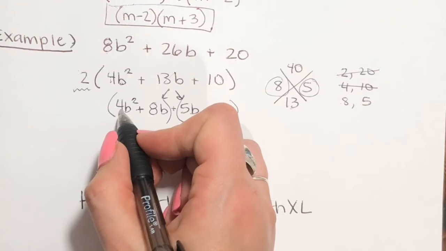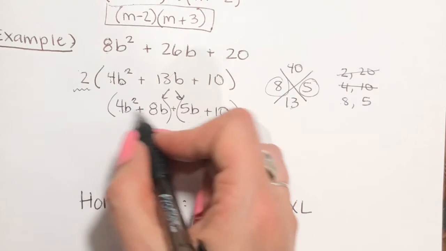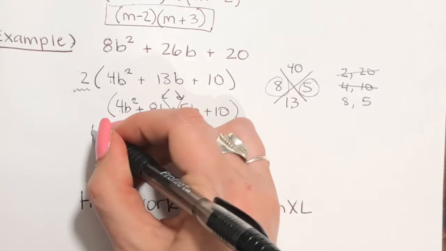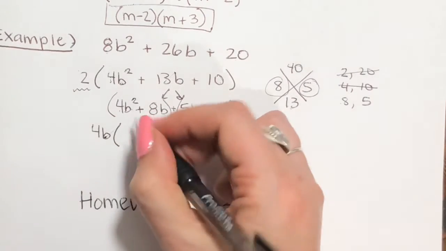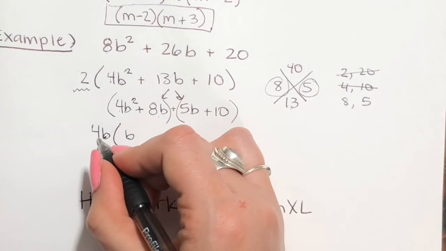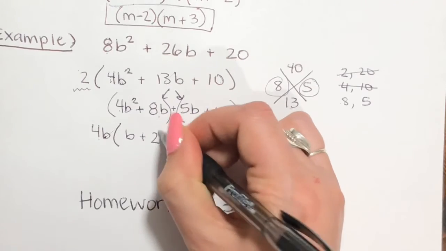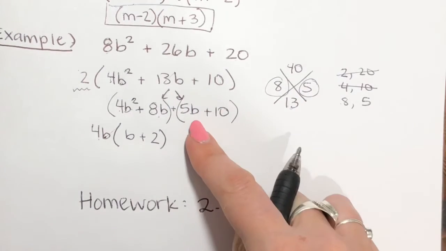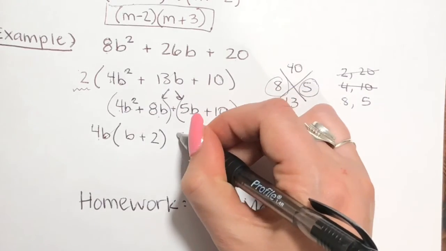So the first group, 4b squared plus 8b, 4 goes into both numbers, and I can also take a b out. So we're going to take 4b out. 4b squared divided by 4b is 1b. 8b divided by 4b is 2. Repeat the process. What goes into 5b and 10, and that would be 5.